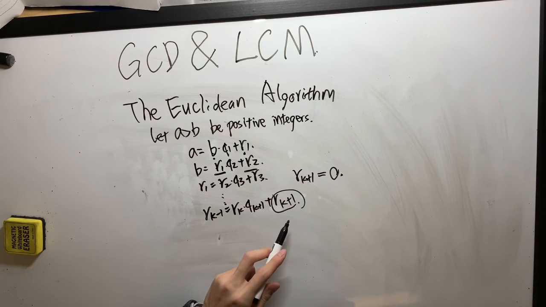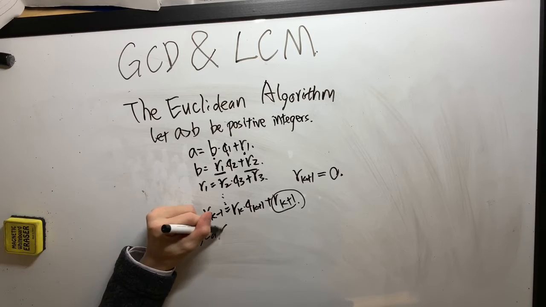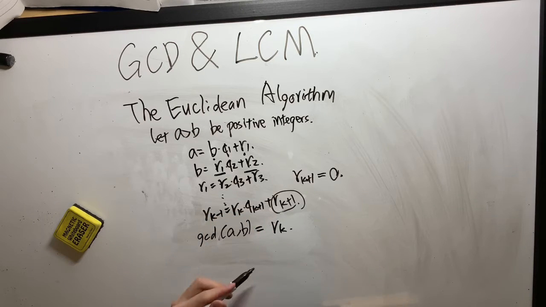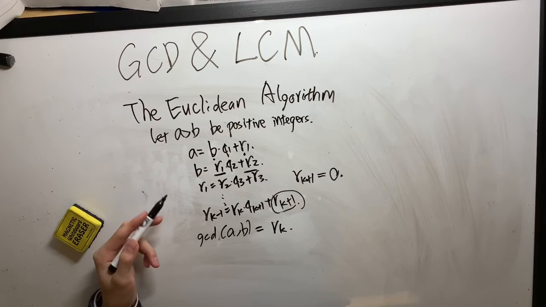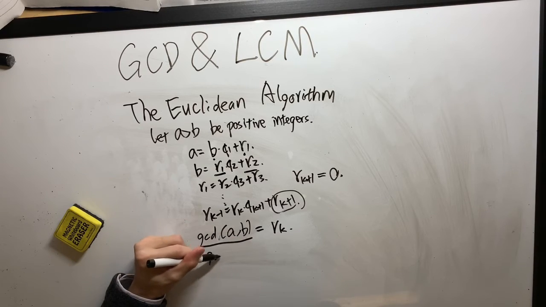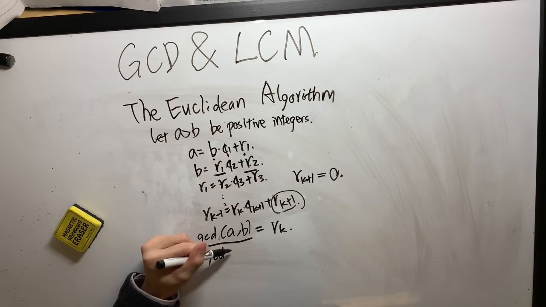At this step, we show that GCD(A, B) equals Rk. Why is that? Because GCD(A, B) is equal to GCD(B, R1).